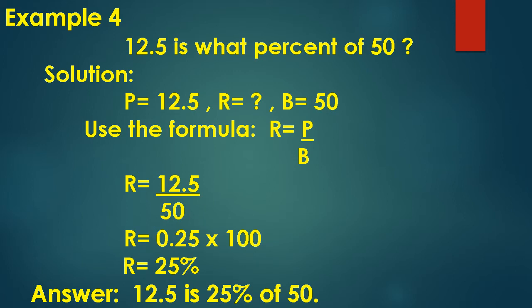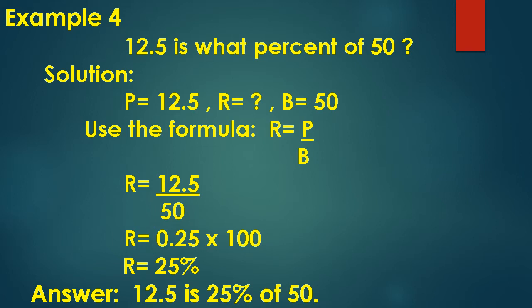Example number 4. 12.5 is what percent of 50? Solution. Our P is 12.5 or 12 and 5/10. The rate is unknown. And base is 50.